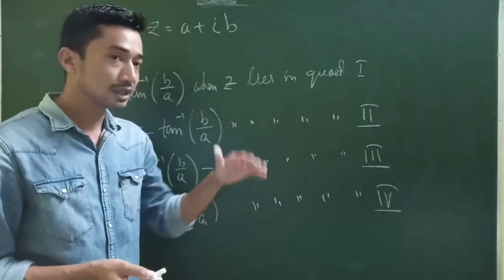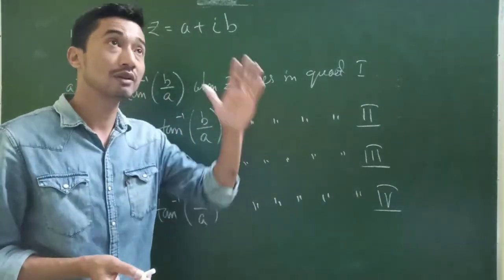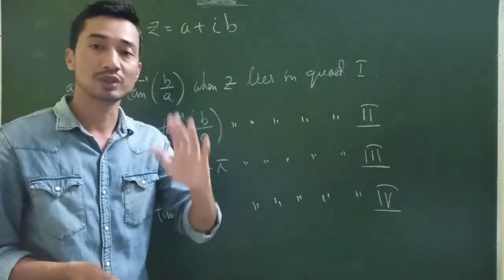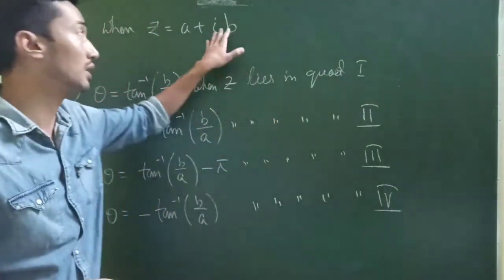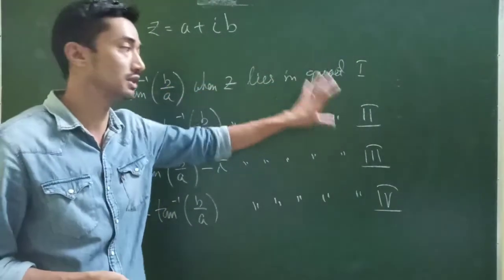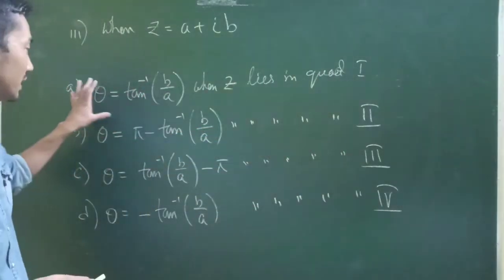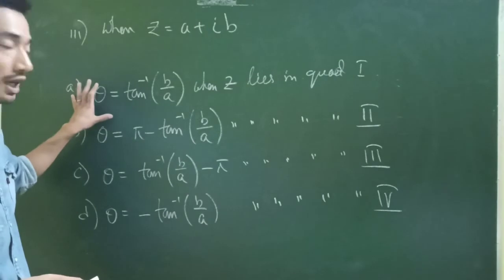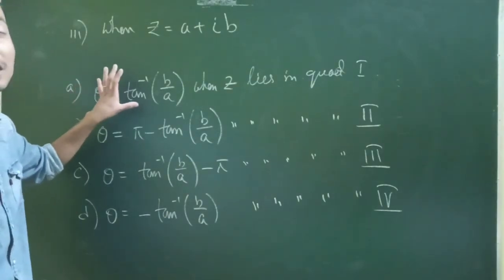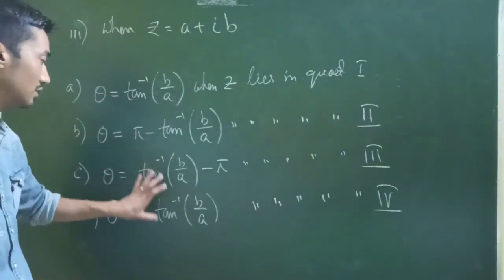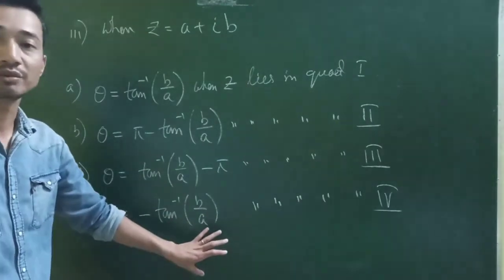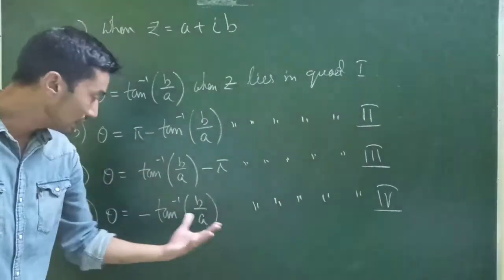But for the argument there are some special conditions: if it is purely real, we discuss it; if it is purely imaginary, we discuss it; and if it's in normal form, then we have to identify in which quadrant it lies, first, second, third or fourth. According to this, we can find the argument as given, this or minus tan inverse b by a. How do we really calculate this?